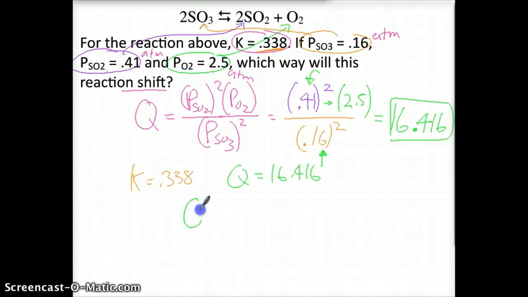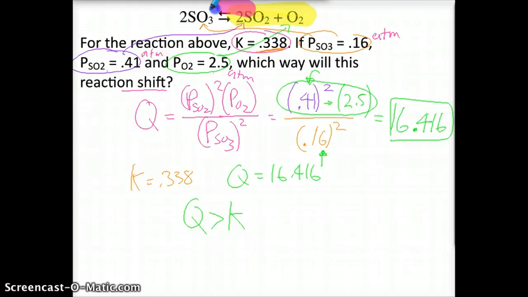So what do we have? We have that Q is clearly much greater than K. That means that I have way too many products. The pressure of my products is much larger than it needs to be at equilibrium. So what's going to happen? A bunch of these products, which I'll highlight here in yellow, are going to need to get turned back into reactants in order to make the value of Q get small.